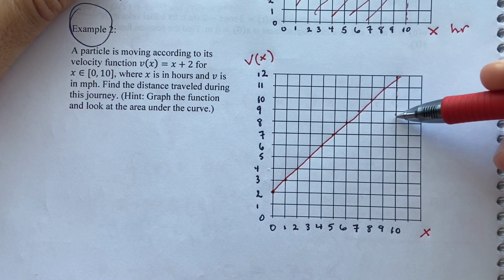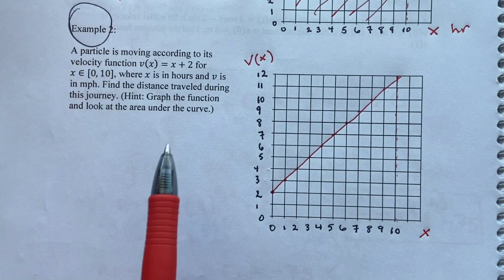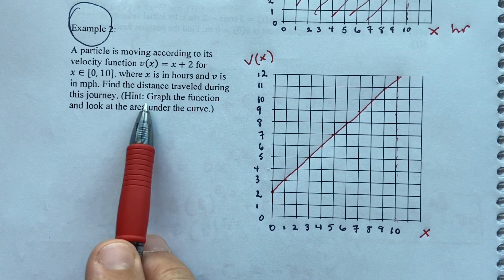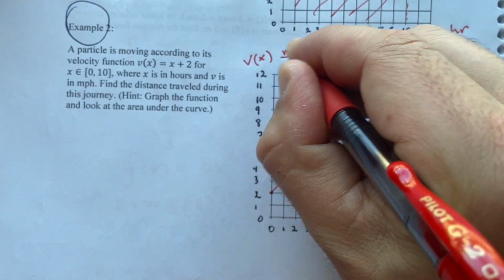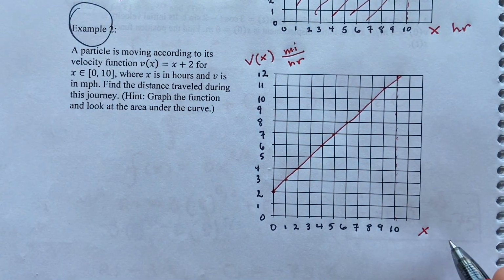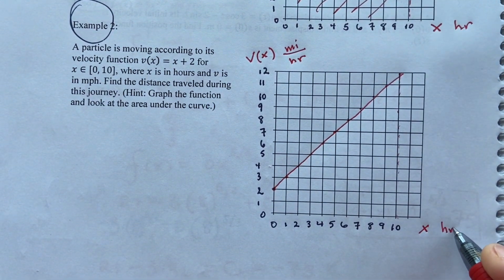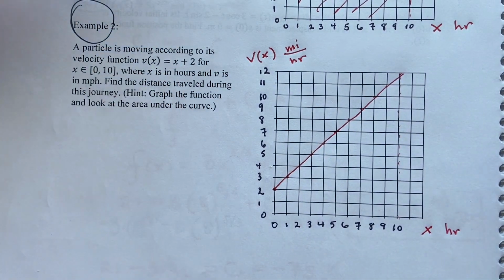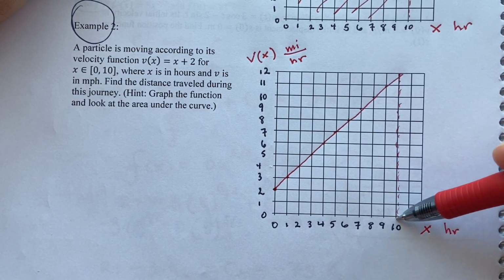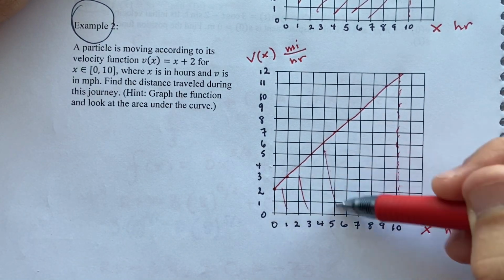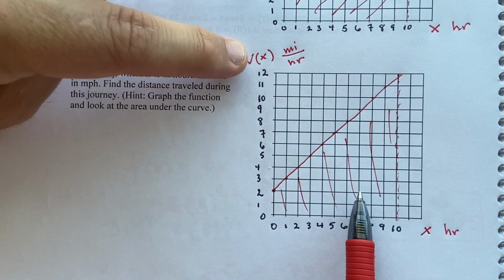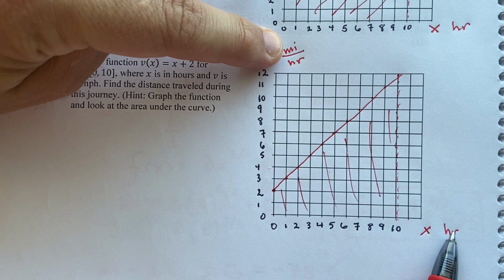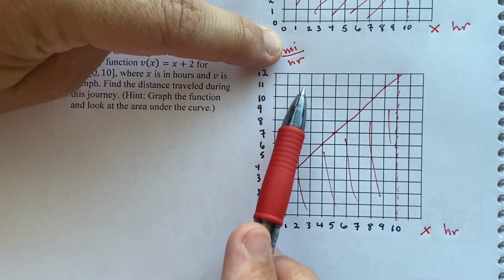So just as before, we're wanting to know the distance that this particle traveled. It says find the distance traveled during this journey. Hint, graph the function and look at the area under the curve. So because this is another velocity function, and its units are miles per hour, and because this is another time variable, and its units are hours, when we look at the area under this curve, all this stuff here, the units of that area will come from taking miles per hour times hours, and that'll again leave us with miles.